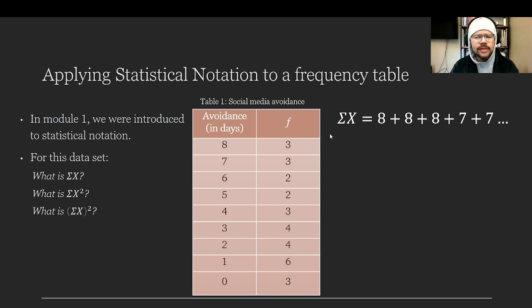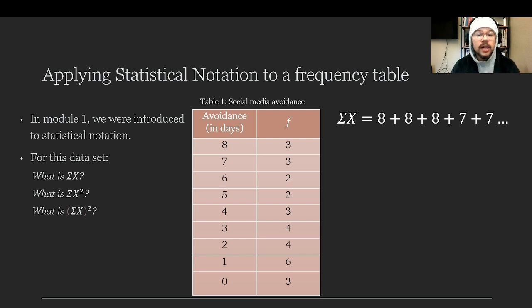So I would encourage you even to make a separate column, rewrite this table, have your categories on the left, your frequencies on the right, and make another column to the right where you're doing the sum of x. So here we would have 24 plus 7 times 3, which is 21, plus 6 times 2, which is 12, plus 5 times 2, which is 10, plus 4 times 3, which is 12, plus 3 times 4, which is 12, plus 2 times 4, which is 8, plus 1 times 6, which is 6, plus 0 times 3, which is 0.